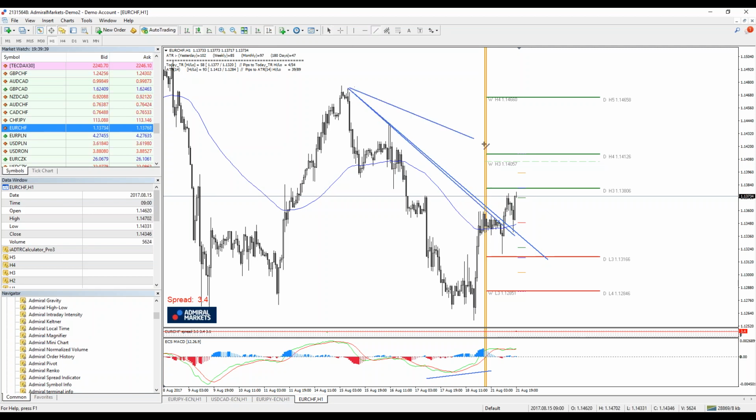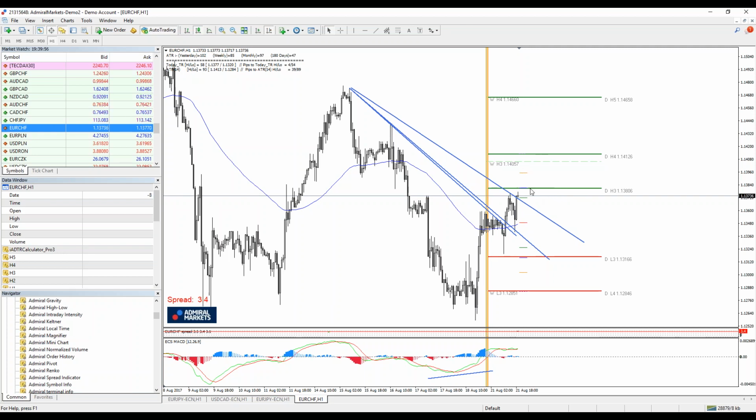Let's see. Yeah, if it closes above daily H3, I think Euro Swissy will go up. But it needs to have a 4-hour close or 1-hour momentum close above daily H3. So big candle above H3, or at least 4-hour close.